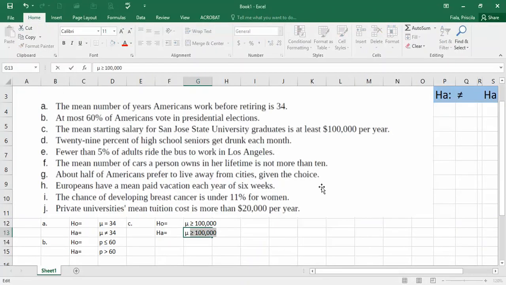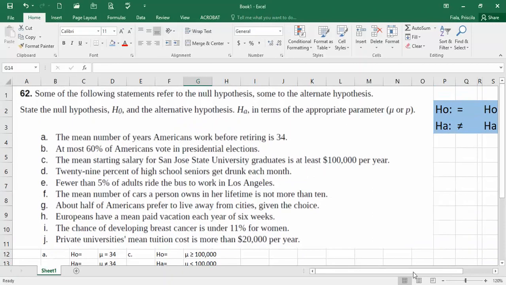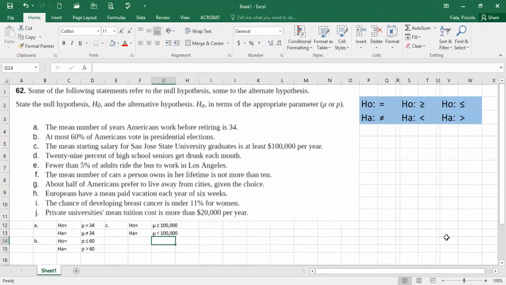So if the null hypothesis is higher or equal, the alternative hypothesis is less than. There are no equal signs on the alternative hypothesis ever. All the equality signs go on the null hypothesis.